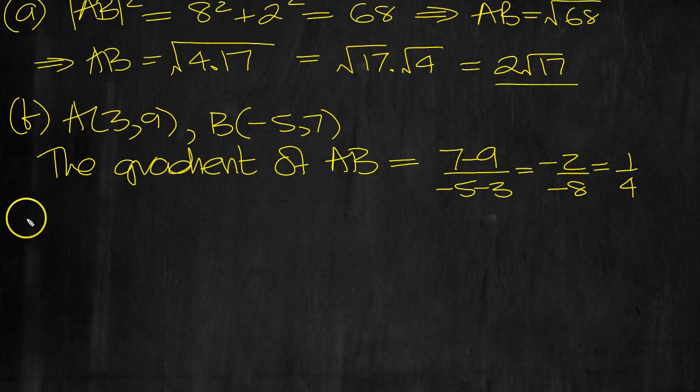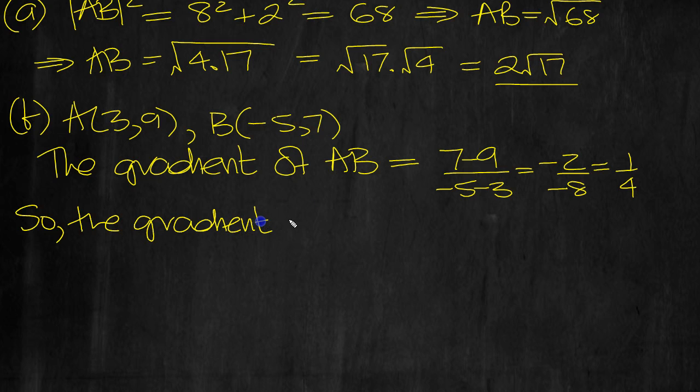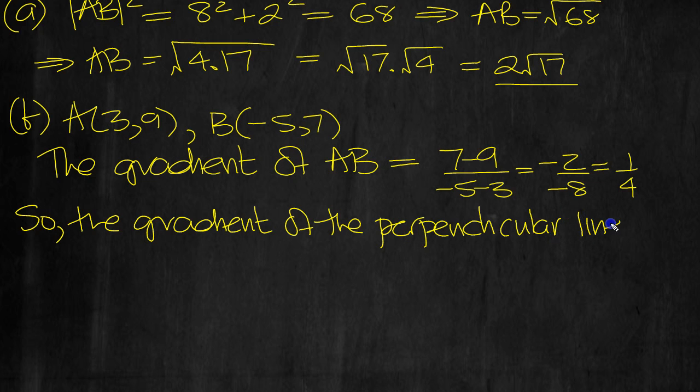So the gradient of the perpendicular line equals minus 4, isn't it? Because the product will be minus 1.